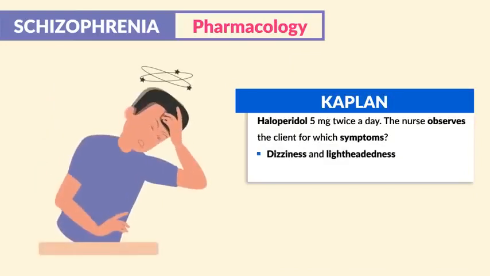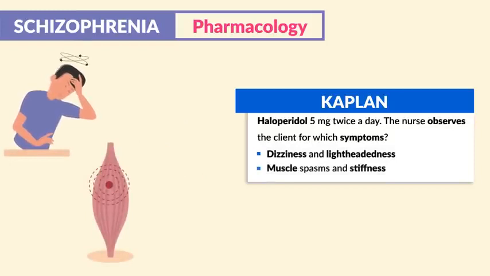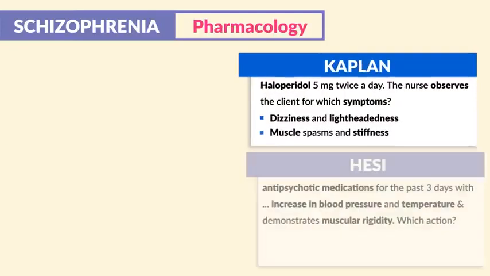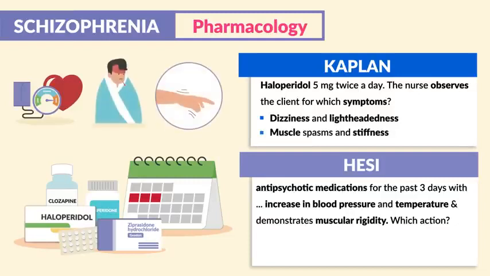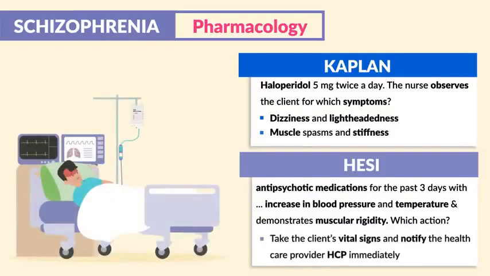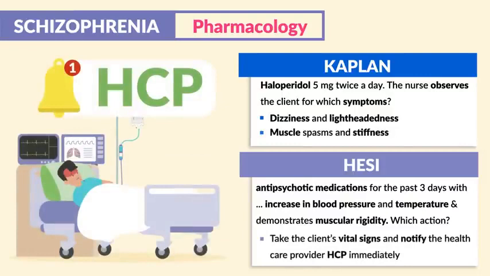Dizziness and lightheadedness, muscle spasms, and stiffness. And Hesse mentions antipsychotic medications for the past 3 days with increased blood pressure, that hypertension, and temperature, and demonstrates muscle rigidity. Which action? Take the client's vitals and notify the healthcare provider, the HCP, immediately.